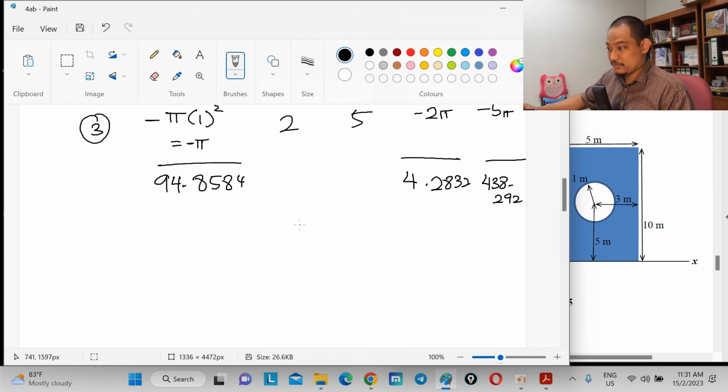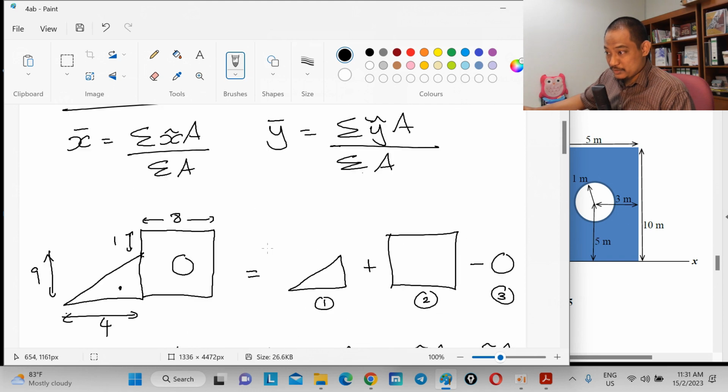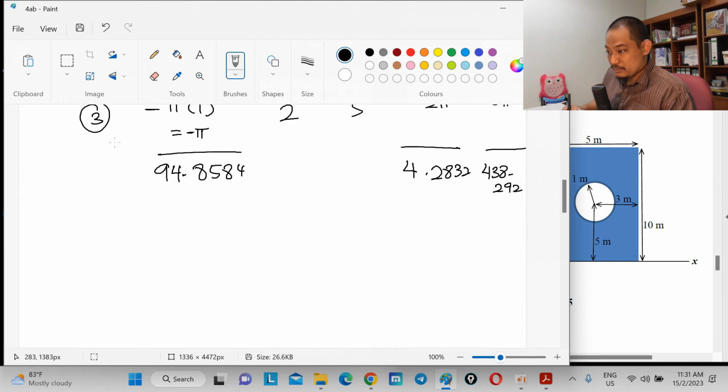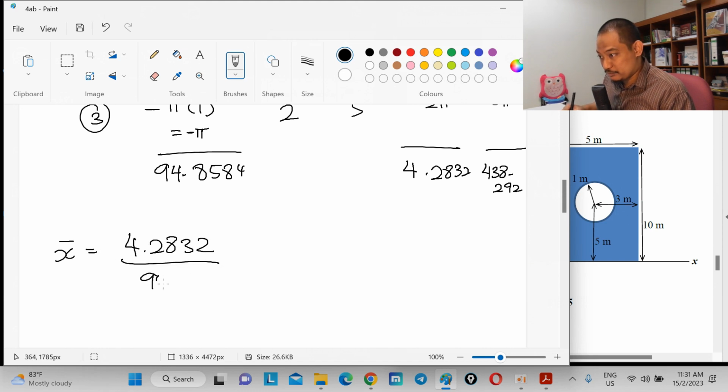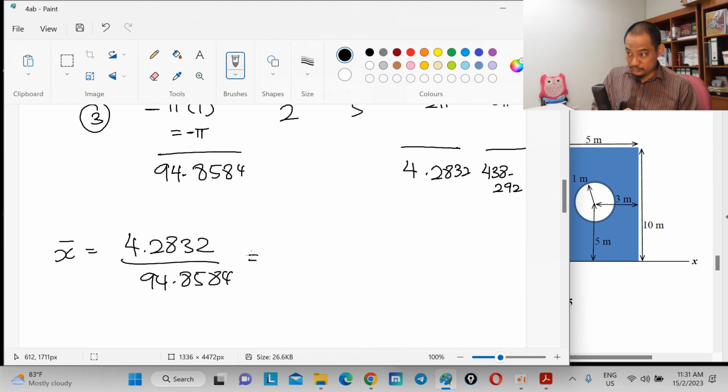Okay, the space is not enough. So based on the equation above, x bar is 4.2832 divided by 94.8584.